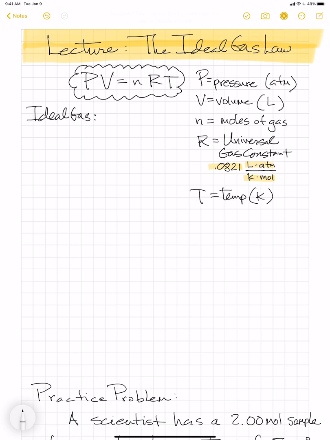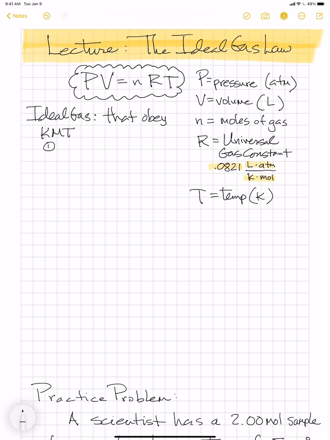Well, if you remember back to what we talked about with the kinetic molecular theory, we were talking about gases behaving according to this ideal gas law idea, all right? And so what it is is this. This gas law applies to all gases that obey the kinetic molecular theory.